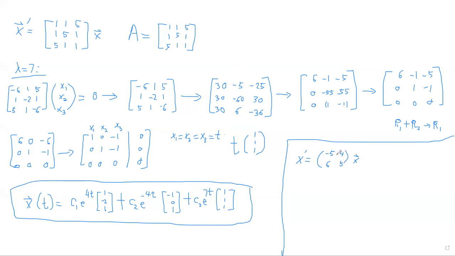And the corresponding answer to it is x is equal to C1, 1, 3, e to the 7t plus C2, negative 2, 1, e to the negative 7t.